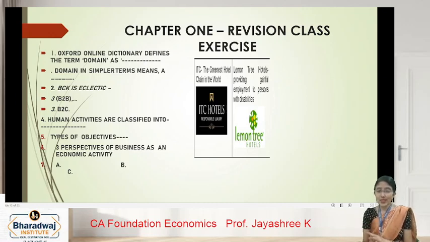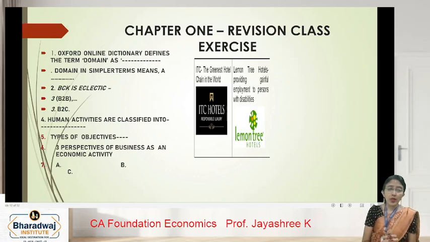So there is a difference between the dictionary denotation and the normal, simpler usage. I want you to understand the clarity of the term domain. According to Oxford Online Dictionary, you have to define domain, first question. Second question, domain in simple terms.